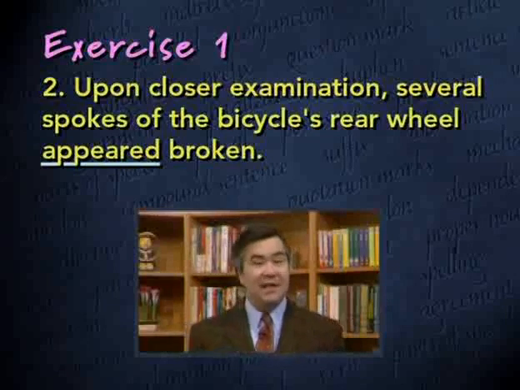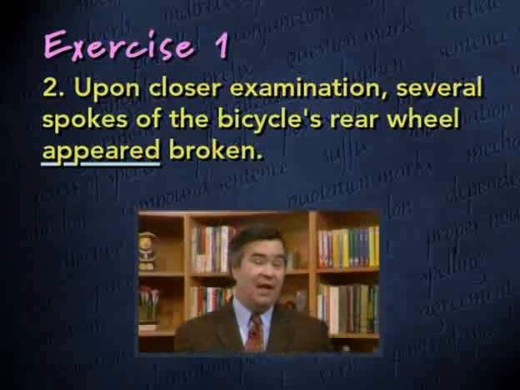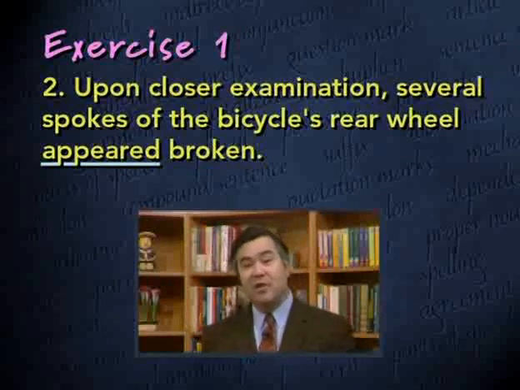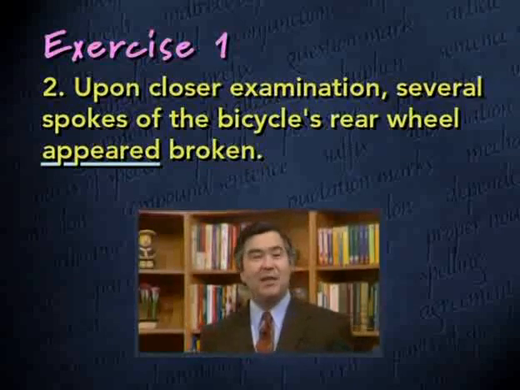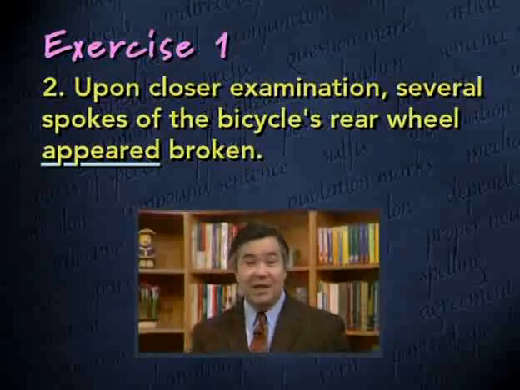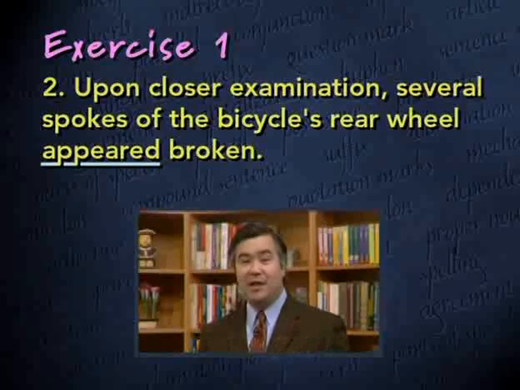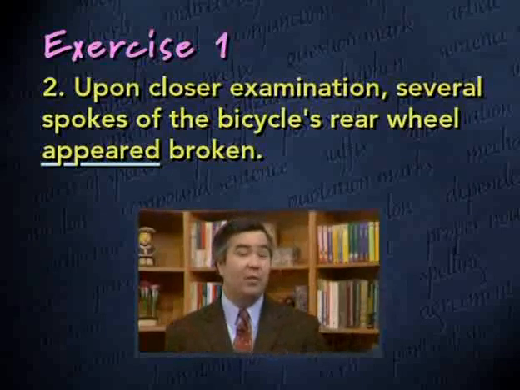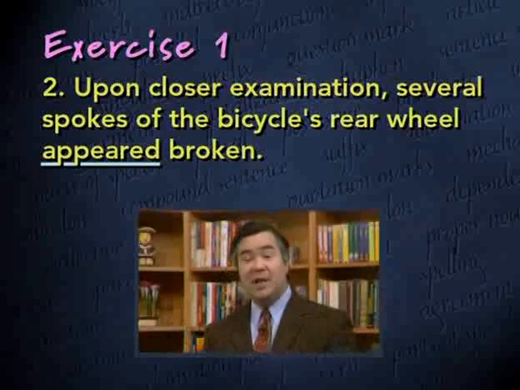Now in this case, is appeared being used as a verb of action or a verb of being? Well, it's being used as a verb of being because it's not telling us something that the spokes did, it's telling us something that the spokes were. Namely, they were broken. The word appeared is being used almost as the equivalent of the verb to be, and the two things are being linked.